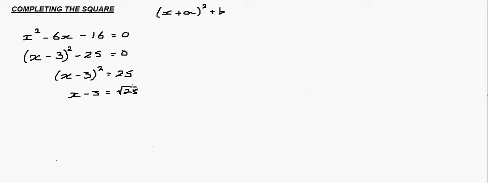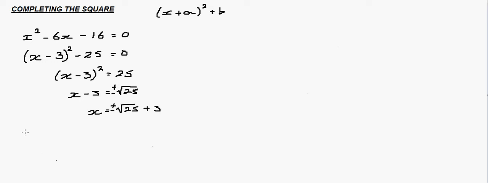Now I move the minus 3 over, so x equals the root of 25 plus 3. Now if it helps you, you can write plus or minus in front of this root to remind you that there are two values.